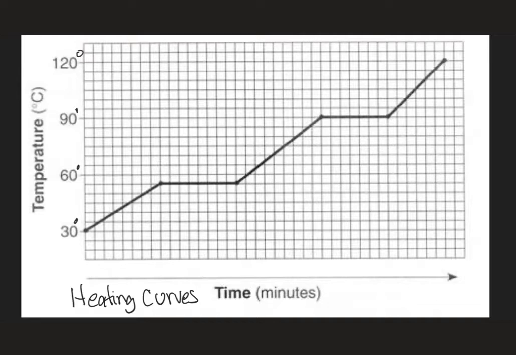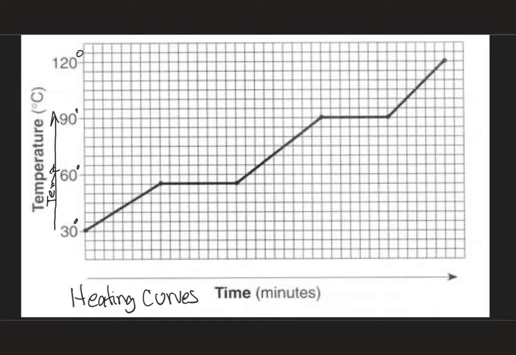So when we talk about heating curves, we need to know that in general, as you go up on the y-axis, this is your temperature, the temperature increases, right? So in this case, we go from 30 degrees up to 120 degrees.